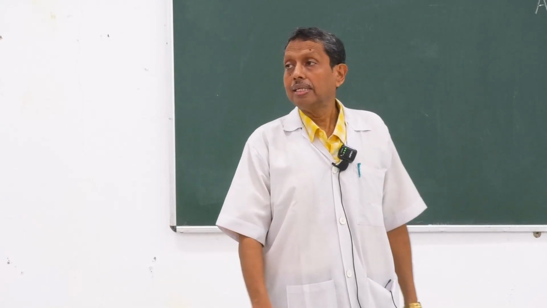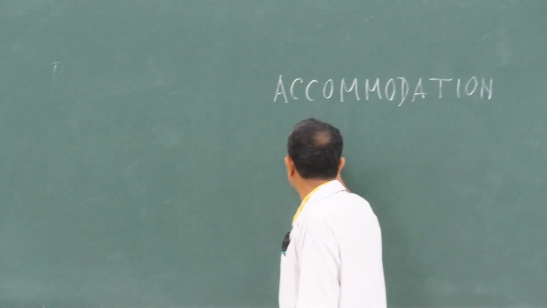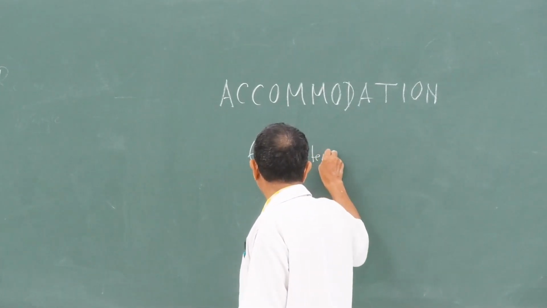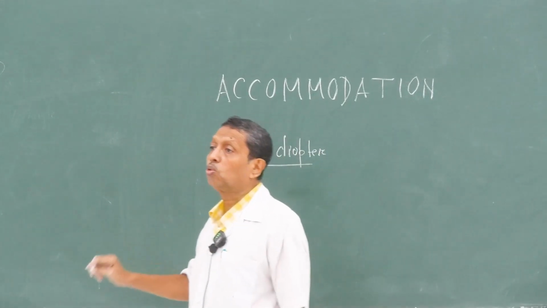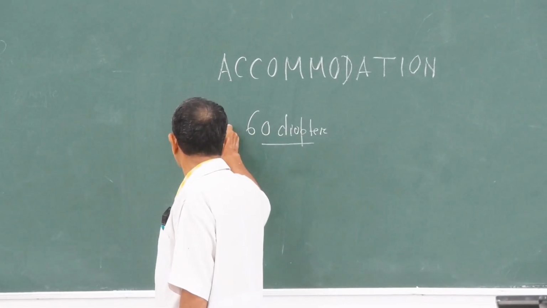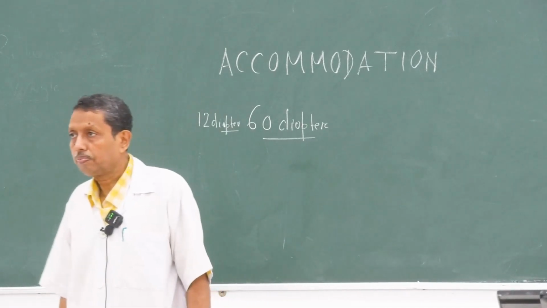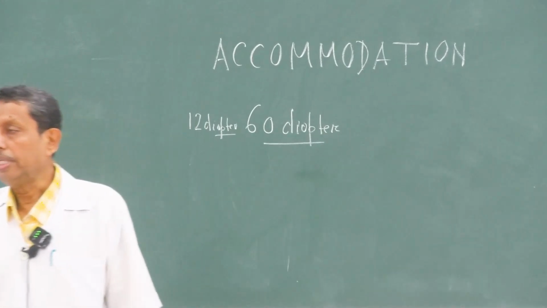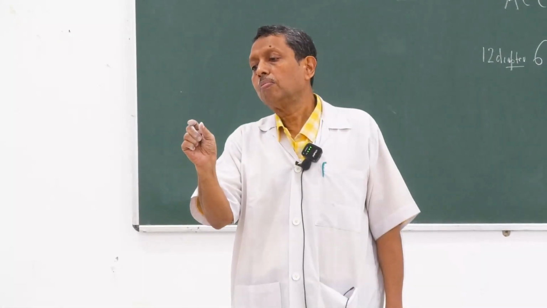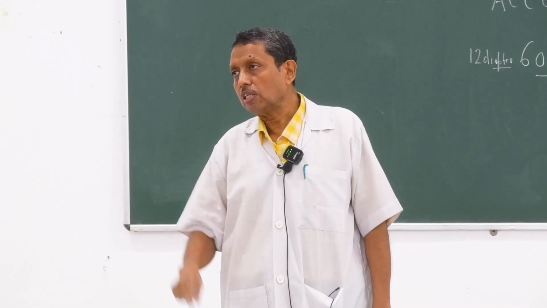Normally in case of lens system, dioptric power is roughly around 60 diopters. And maximum capacity is 12 diopters. In case of reduced eye, that you can remember, that is in front of the nodal point 5 millimeter and beyond the nodal 15 millimeter.